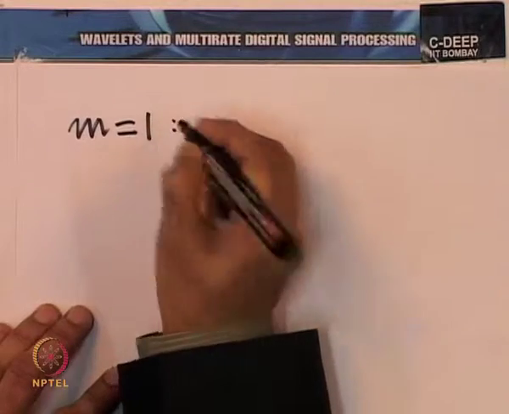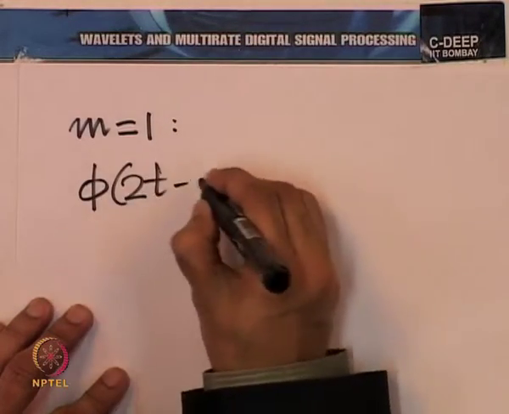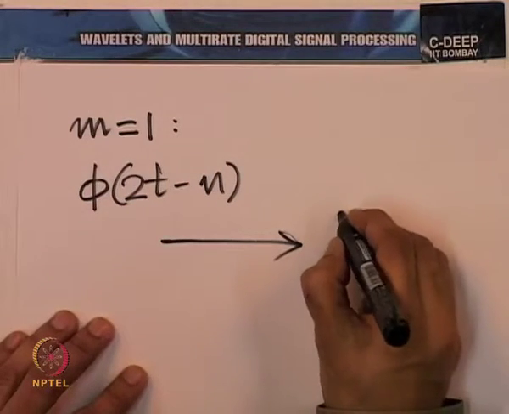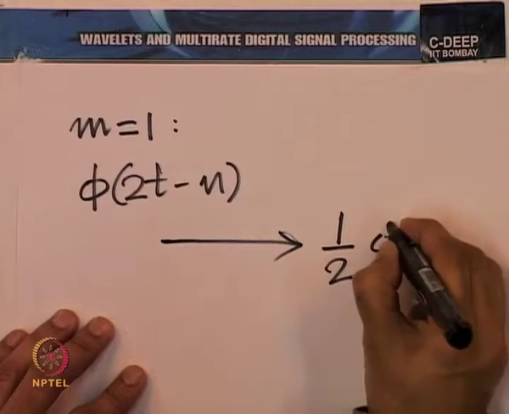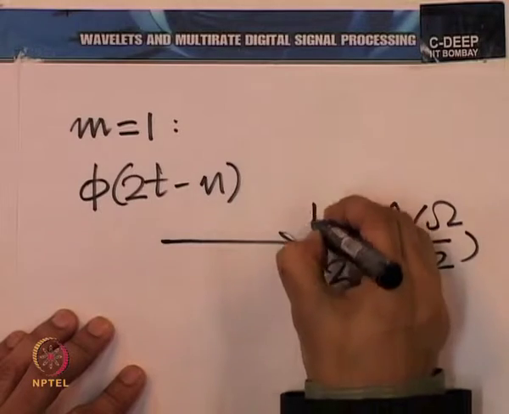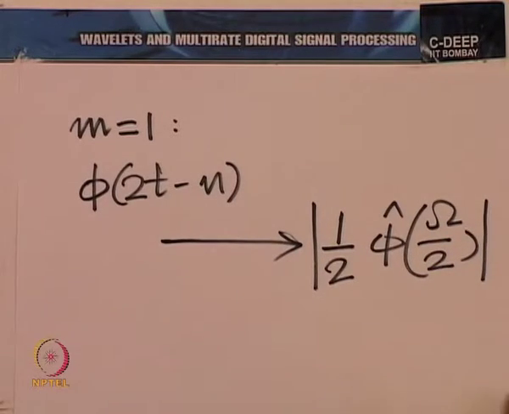So, of course, let us take an example. Suppose m is equal to 1 and minus 1 to fix our ideas. And m equal to minus 1.